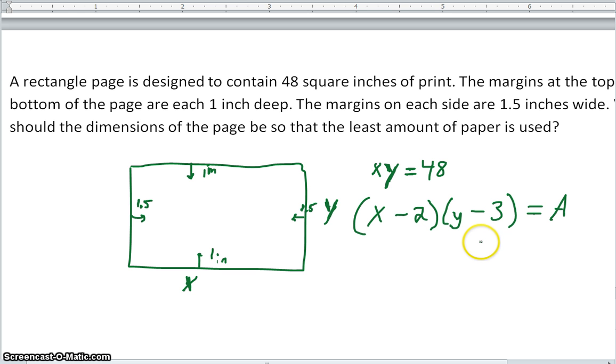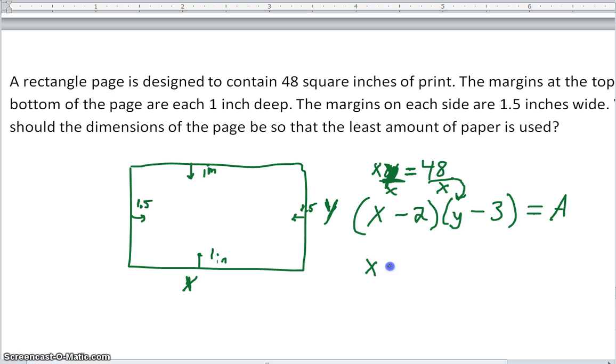So what we need to figure out is just exactly how to represent this in terms of one function. So I'm going to rewrite this in terms of one variable, just like our problem on our quiz where we write this in terms of one variable. So I'm going to plug this in for y.